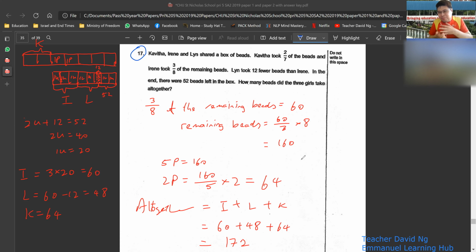So during the lesson, no need to copy anything. Pay attention and understand why this is so, why the answer is like that. Super important.